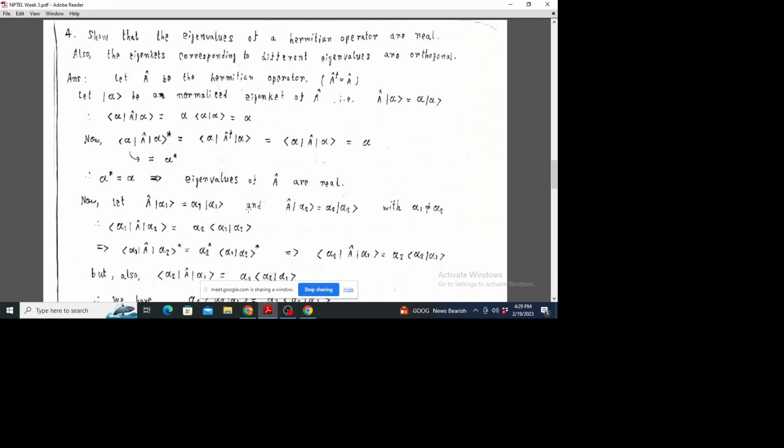I think this was also discussed, and if it was not, you can just follow the argument that we presented in question number 4. By a similar argument, you can show that the expectation value of a Hermitian operator over any state is a real quantity. So that means this total quantity is real.